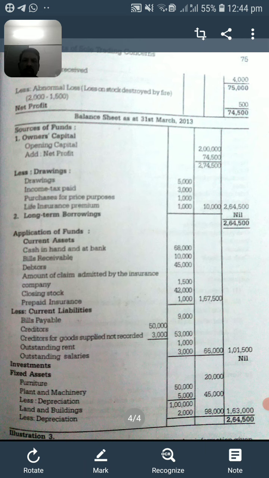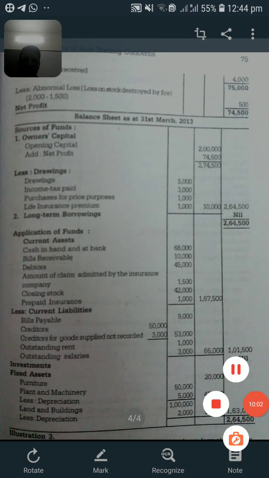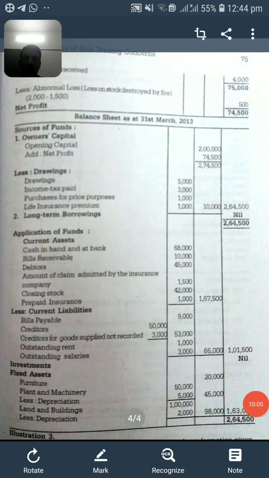In the problem they have given drawings of rupees 5,000, individual income tax paid 3,000, purchases for private purpose 1,000, life insurance premium paid 1,000. So total drawings is rupees 10,000. So total 2,64,500 is sources of funds.